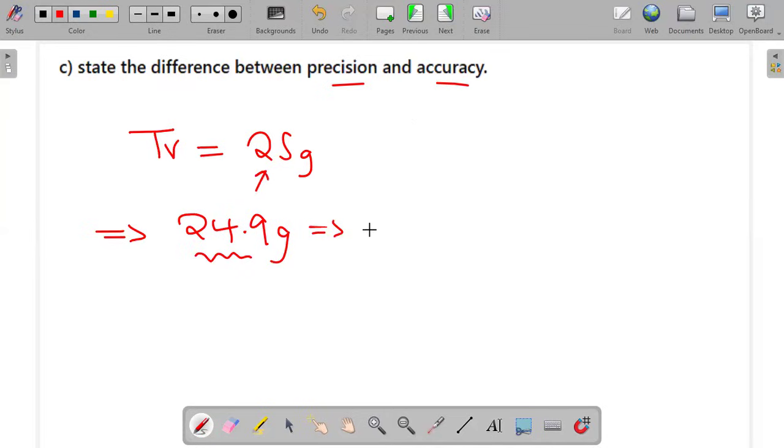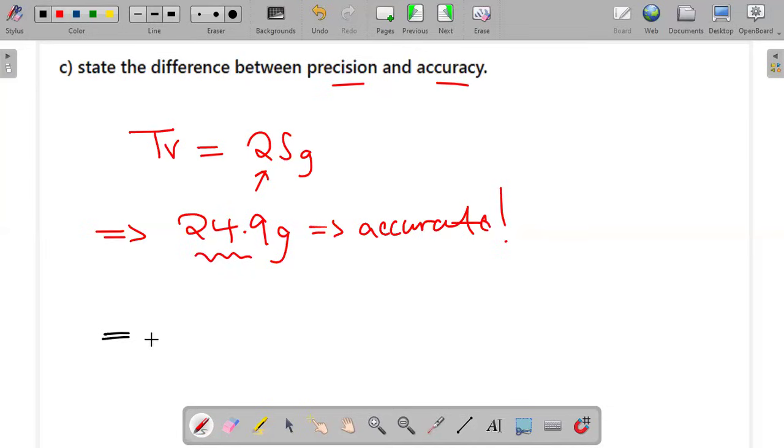So we're going to say this here is accurate. And about precision, it's how close the measured values are to each other and not necessarily to the true value.